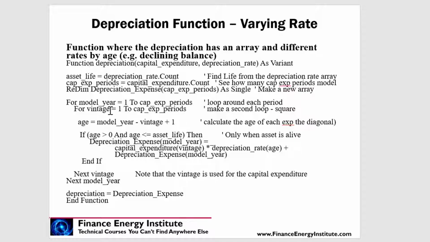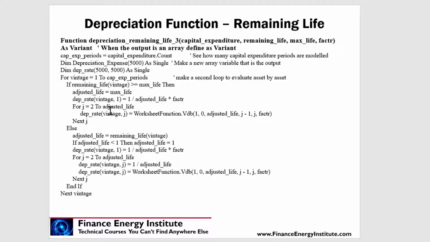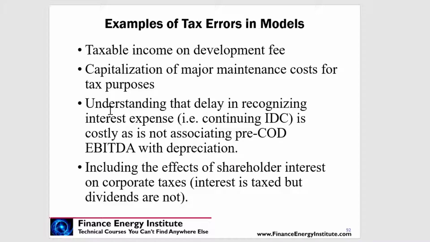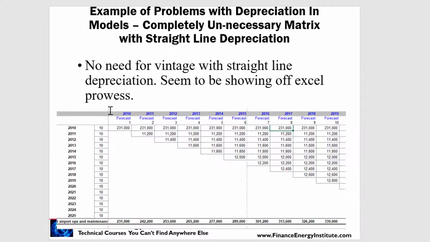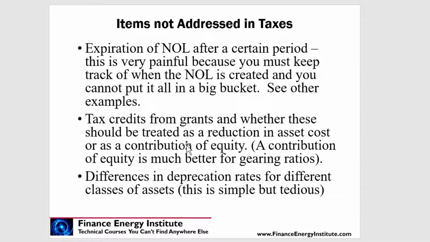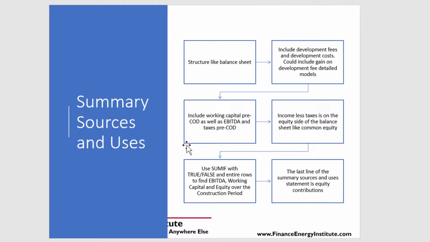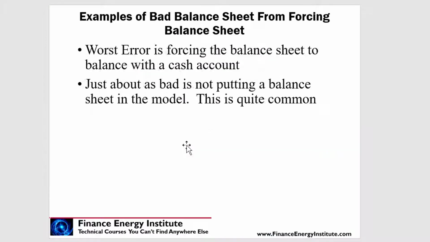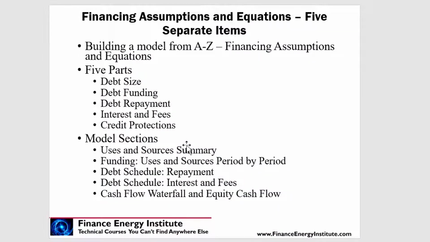And how to do some more complicated things with tax depreciation when you have this remaining life vintage stuff. And what are the development fees? And why you'd ever do something as stupid as this. Oh my gosh. And why the formulas would be so long. So it just shows you kind of step by step. Each one of these is going to be a separate little video.